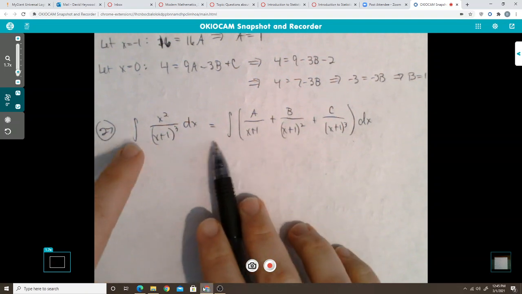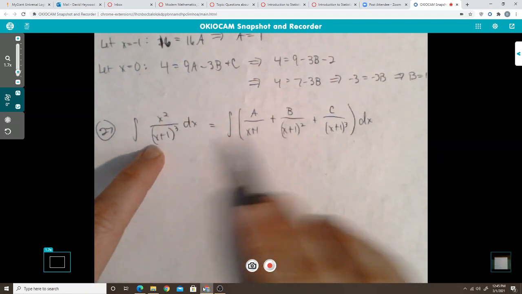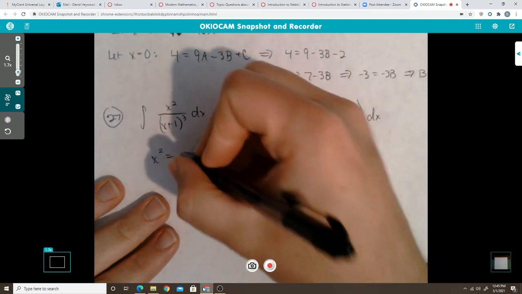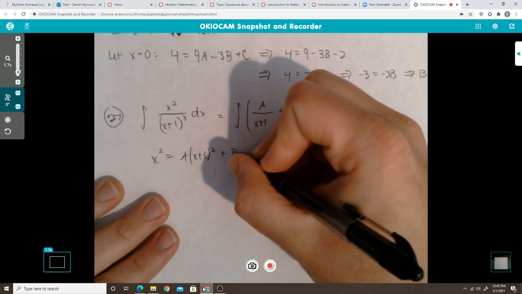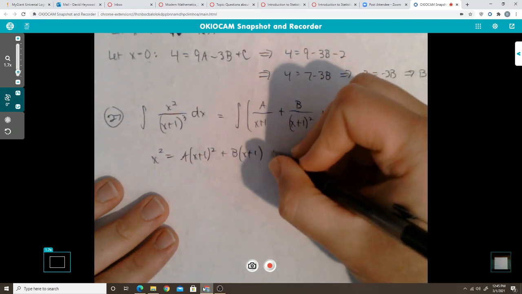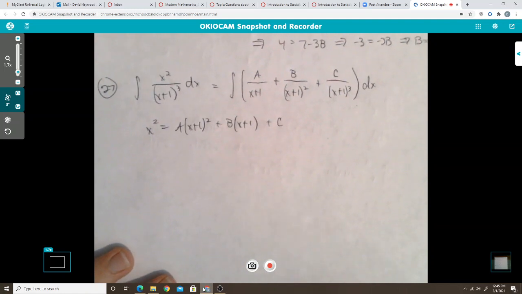And I guess if I ignore the integrals and just focus on the rational expressions and clear the fractions, I would get x squared equals A times x plus 1 squared plus B times x plus 1 plus C, right?